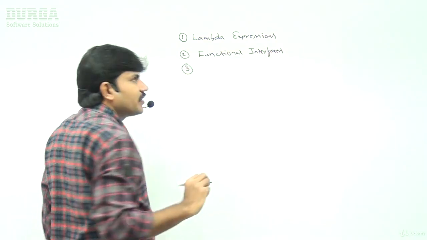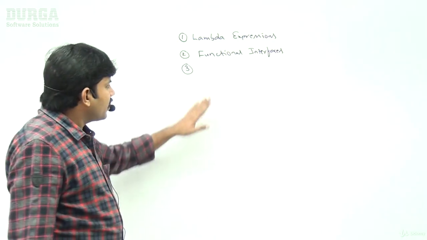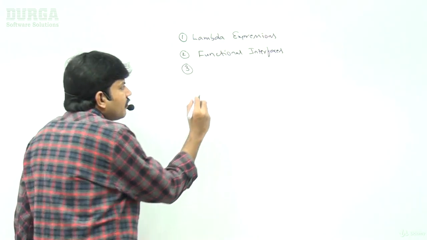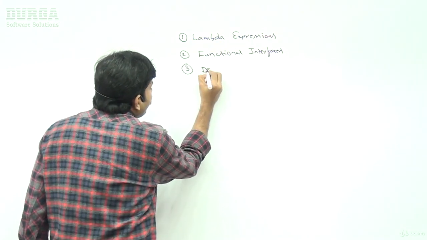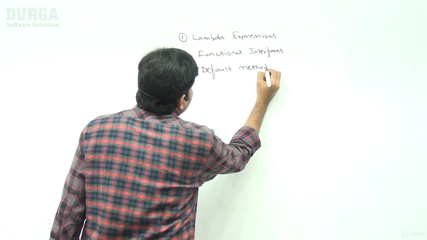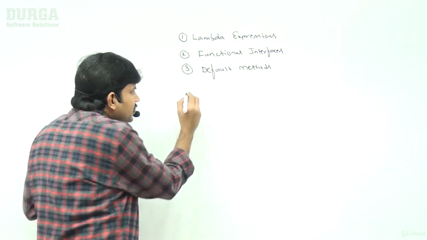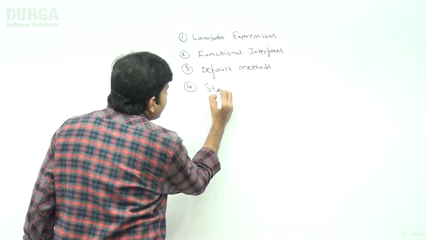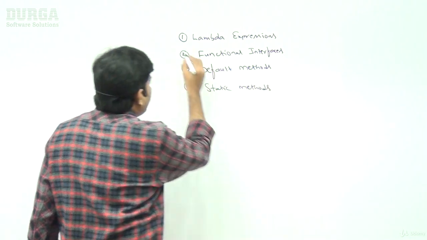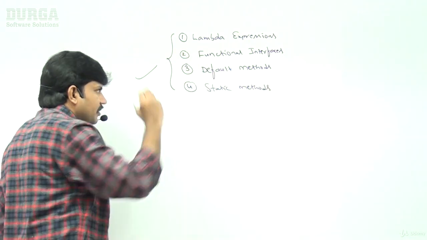Next, after functional interfaces, I hope you may remember, we covered default methods inside interface and then static methods inside interface. These are the things I explained in the last videos.